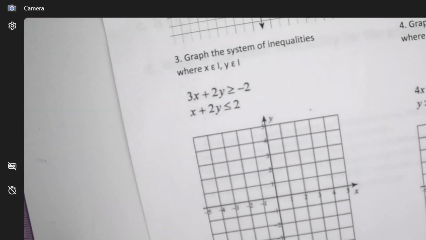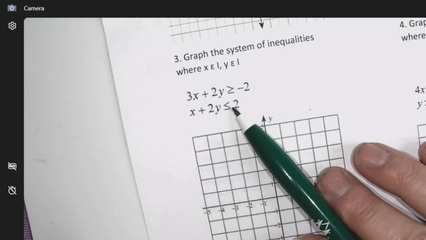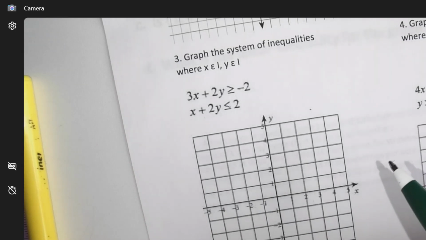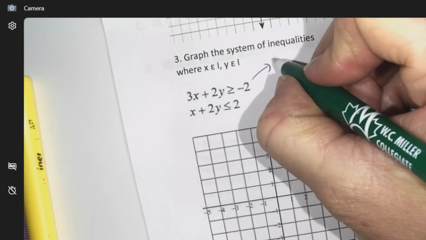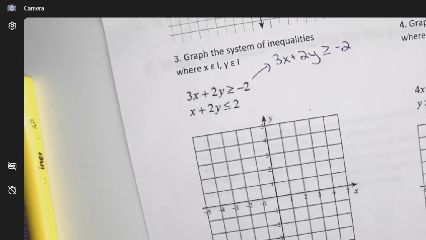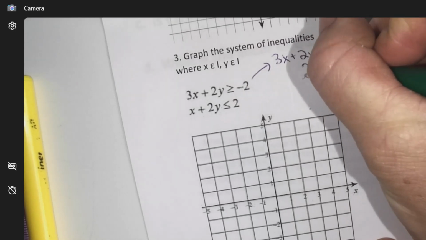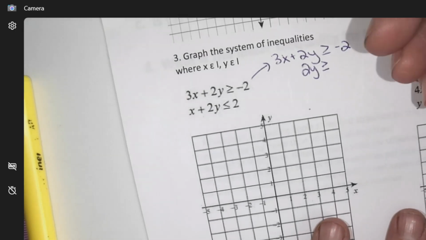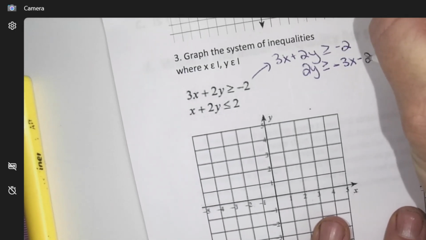Okay, next one. This time I have put 2 lines on the same graph. Okay, number 1 here, I'm going to, again, keep 2y. I'm going to move the x.